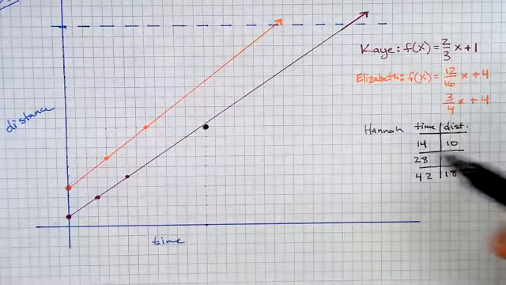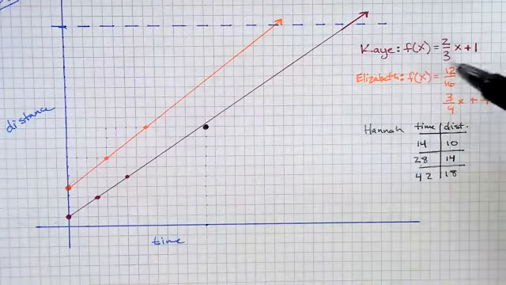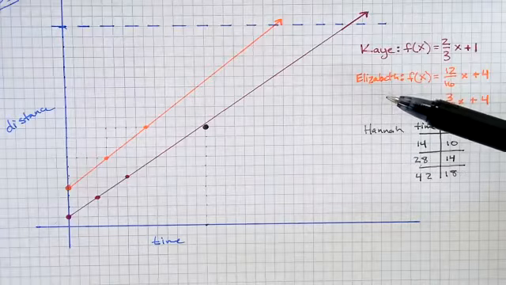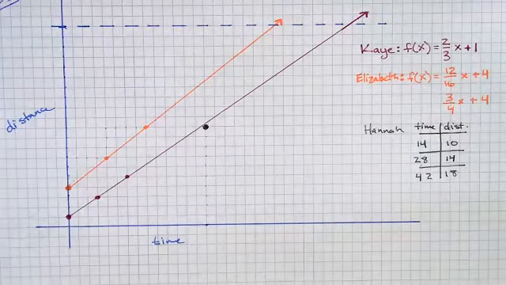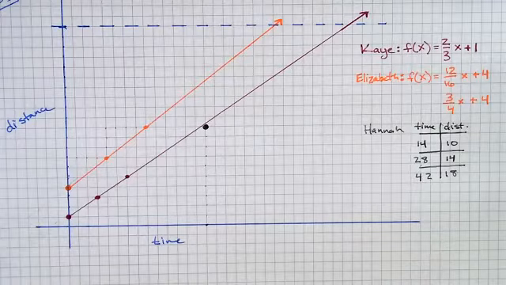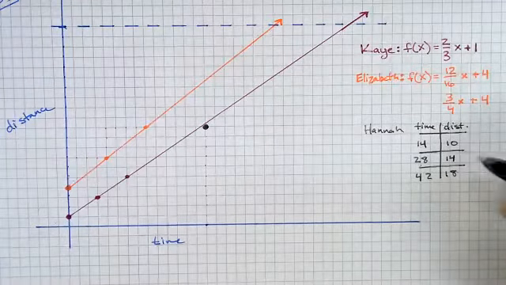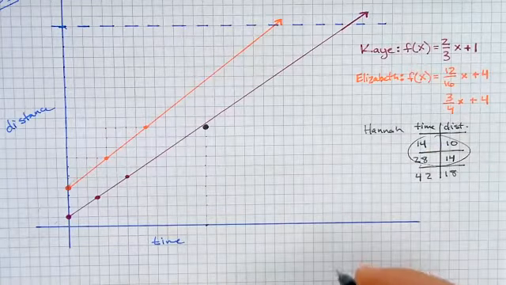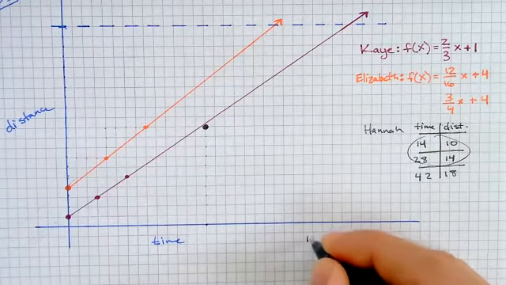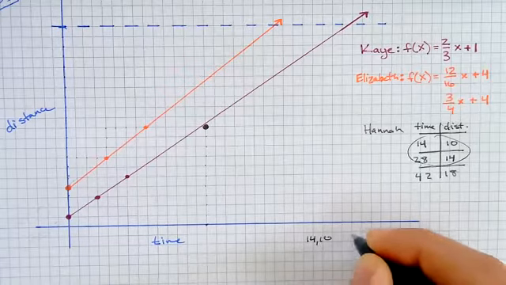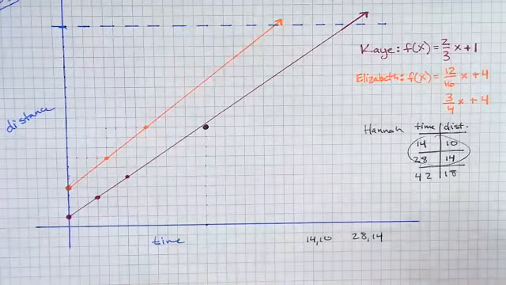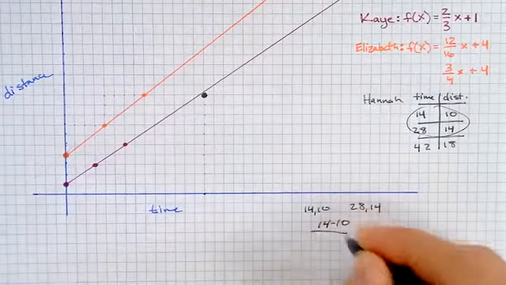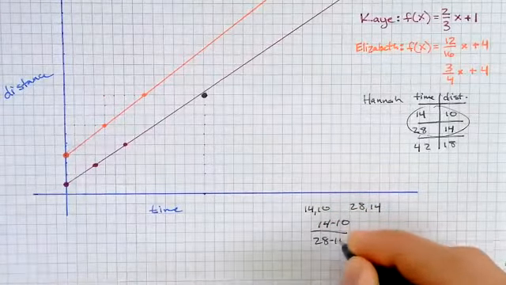If we were going to count up to 28, or 14 more seconds, she's gone 4 more meters. We could graph it. We could also come up with a slope. We could take these points, 14 comma 10 and 28 comma 14, and find the slope. So 14 minus 10 over 28 minus 14.